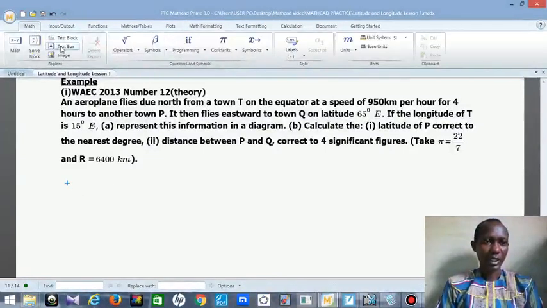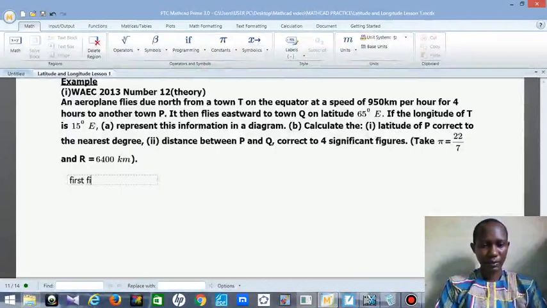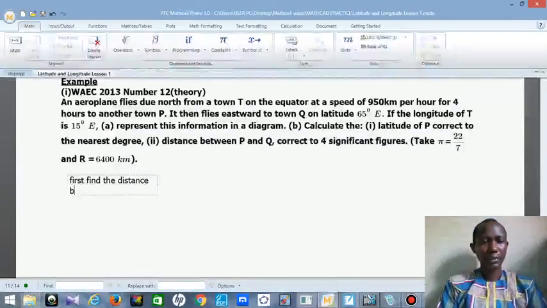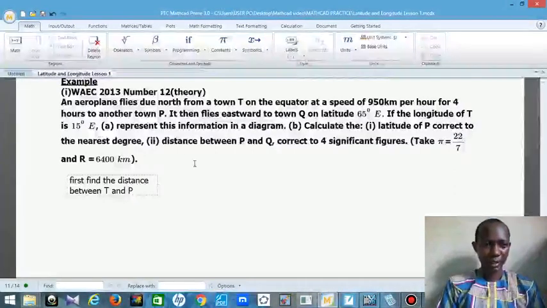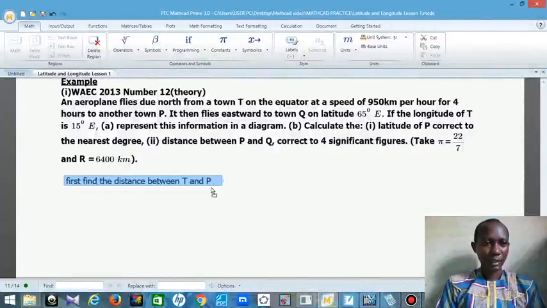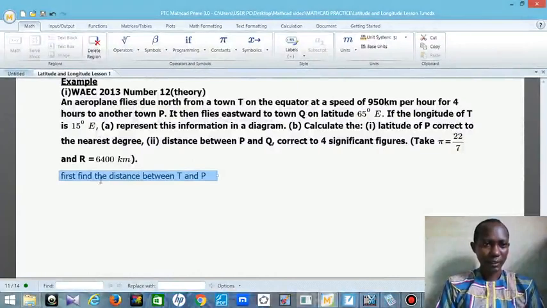So first, find the distance between T and P.